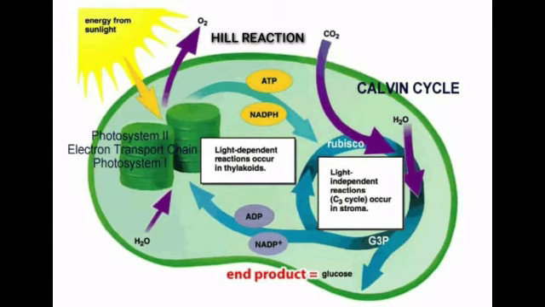These products of light reaction move out from the thylakoid to the stroma of the chloroplast. What is ATP? It is adenosine triphosphate. What is NADP? Nicotinamide adenine dinucleotide phosphate.